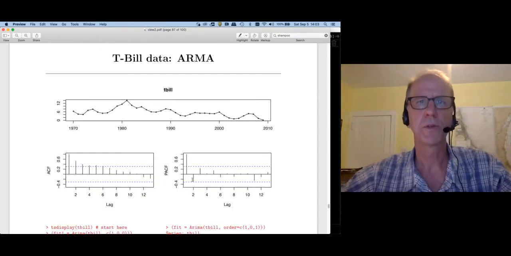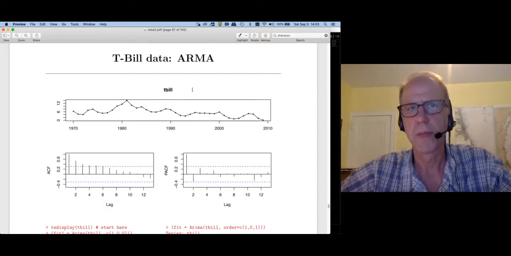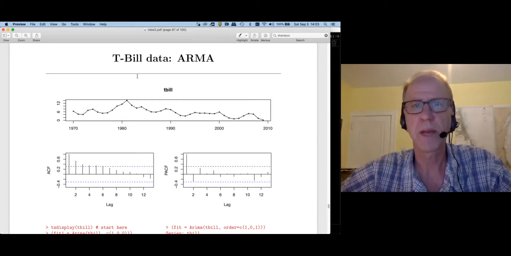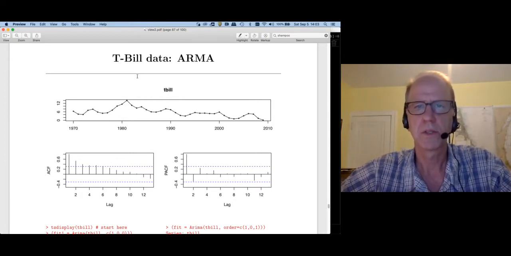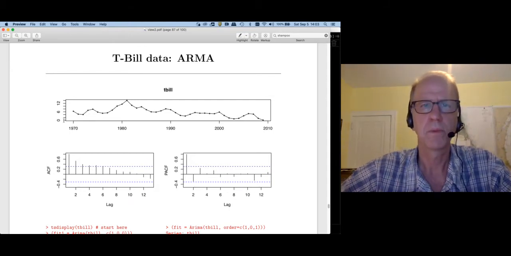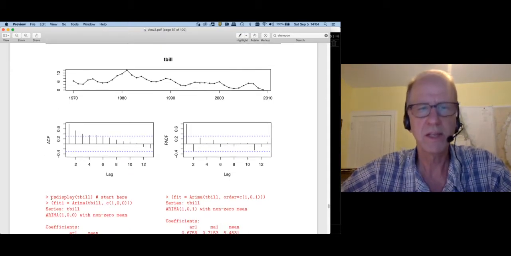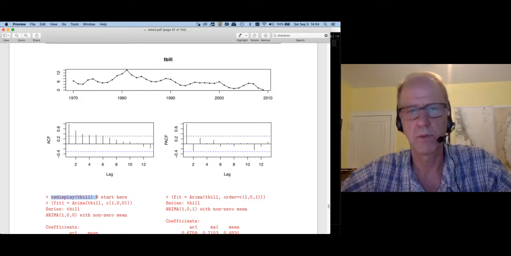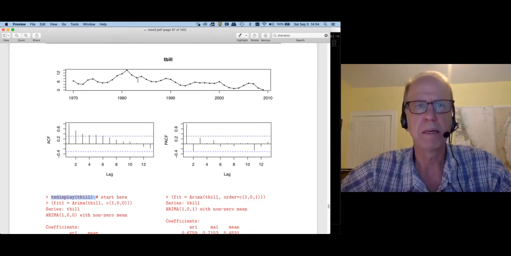I'd now like to apply what we just did to the T-bill data that we've been analyzing since, I guess, the first week of class. So these are interest rates. If I use the ts display function that I was recommending in the previous video, we get a time plot.